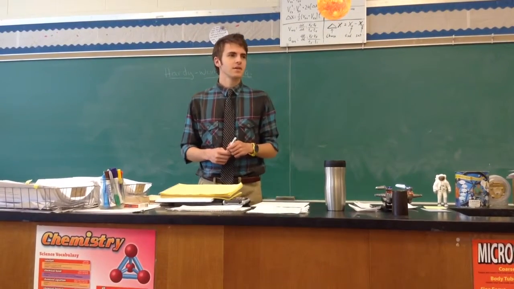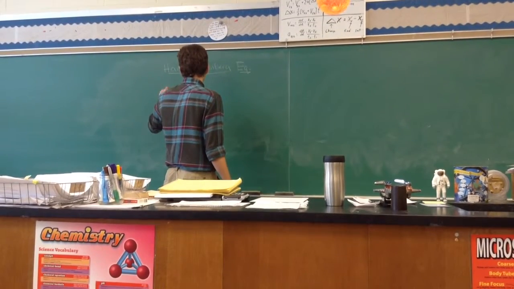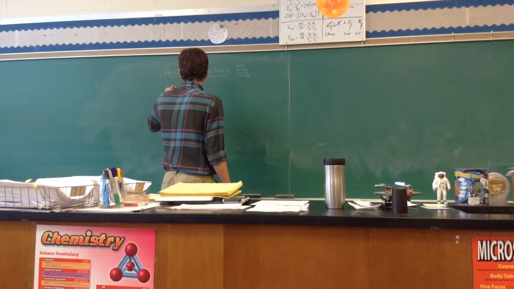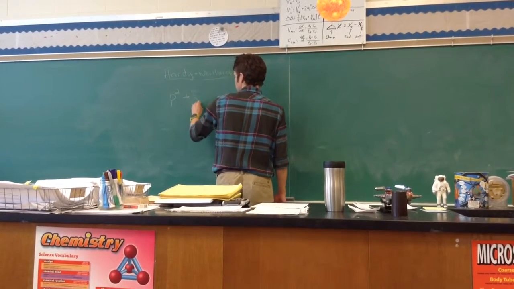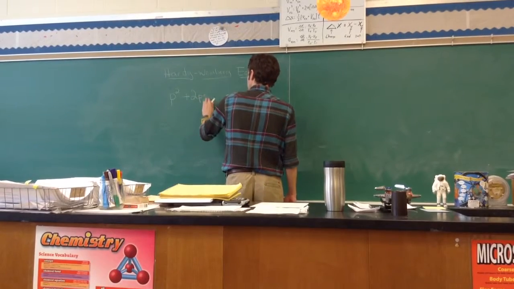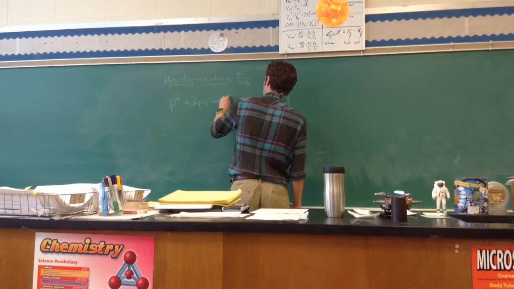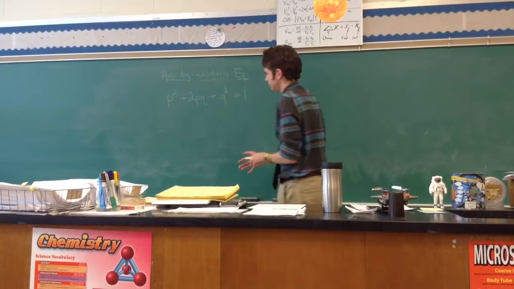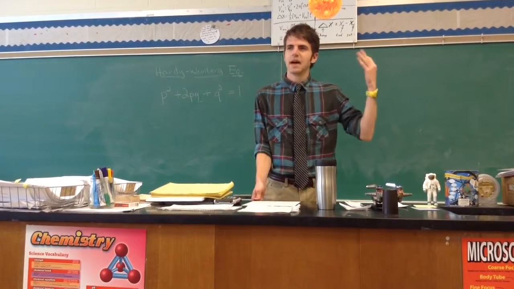p to the second plus 2pq plus q to the second equals 1. Alright. So we have p squared, plus 2pq plus q squared equals 1. What does that mean?